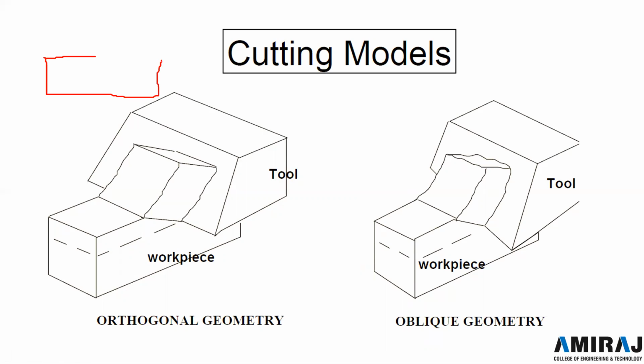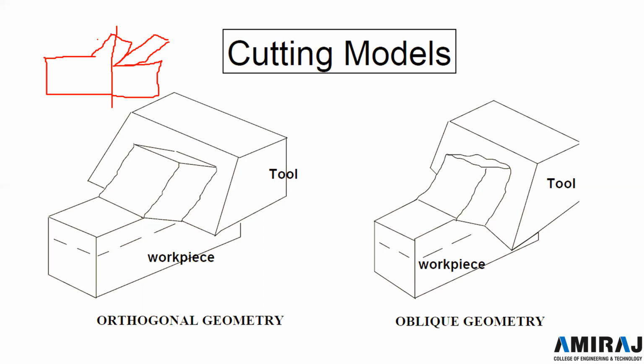Now the chip will be removed in this direction, okay, and this will be our tool, which will be removing material, and this will be exactly at 90 degrees to the cutting.